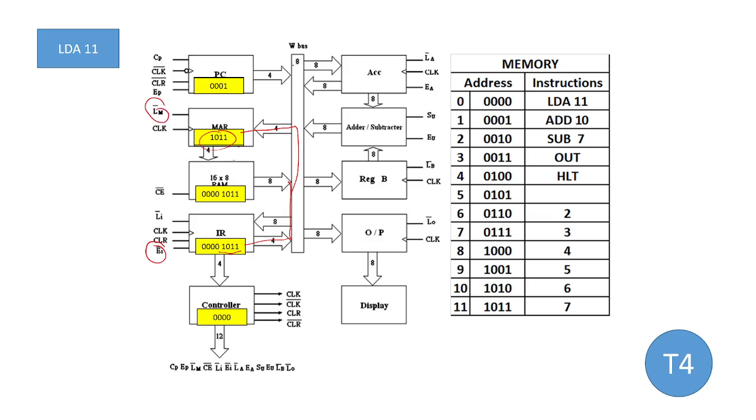So the data that is in the W bus, which was sent out by our IR, will be accepted here in MAR. Also in the T4, the controller will understand that this is LDA or load. And now, whenever we see a value here in MAR, it points out to the data in the RAM.